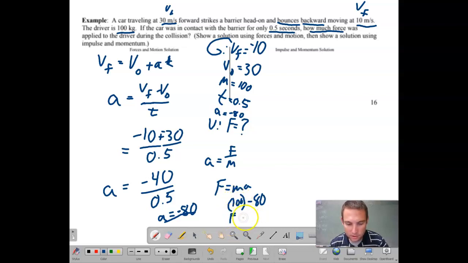So our force equals negative 8,000 newtons, which just means it's 8,000 newtons applied to the driver from the front towards the back. Okay, so there's 8,000 newtons. Relatively easy if we made the simplification that the acceleration was constant.